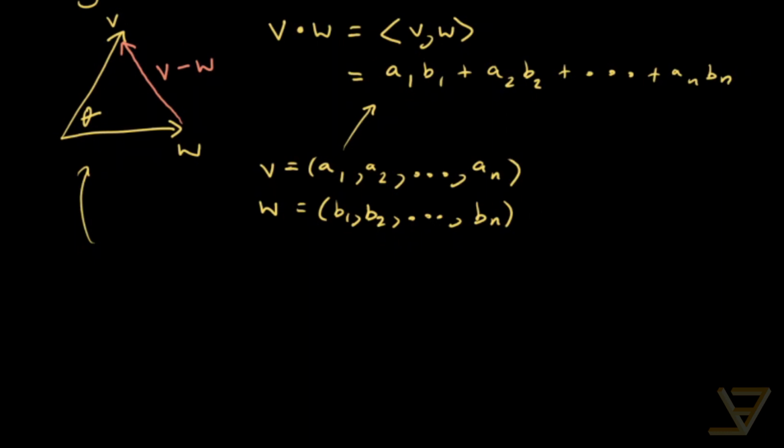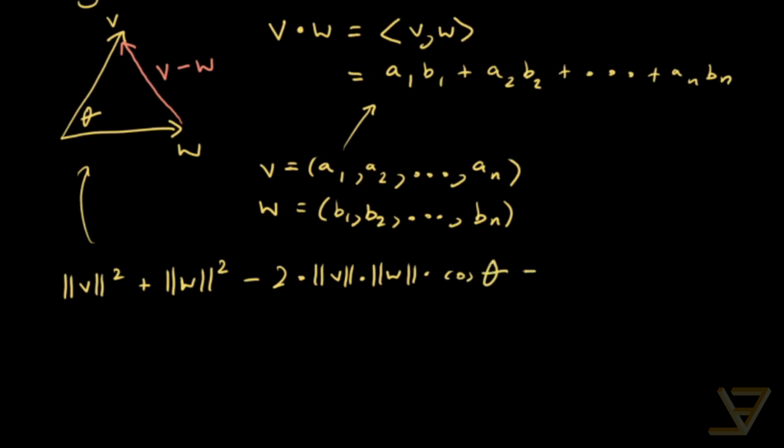What the cosine law tells us is that the norm of V, that's its length, squared, plus the norm of W squared minus 2 times the norm of V times the norm of W times the cosine of theta is equal to the norm of V minus W squared.